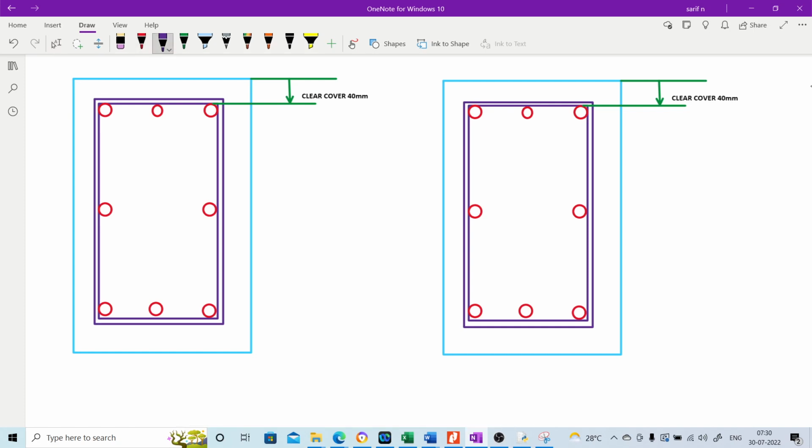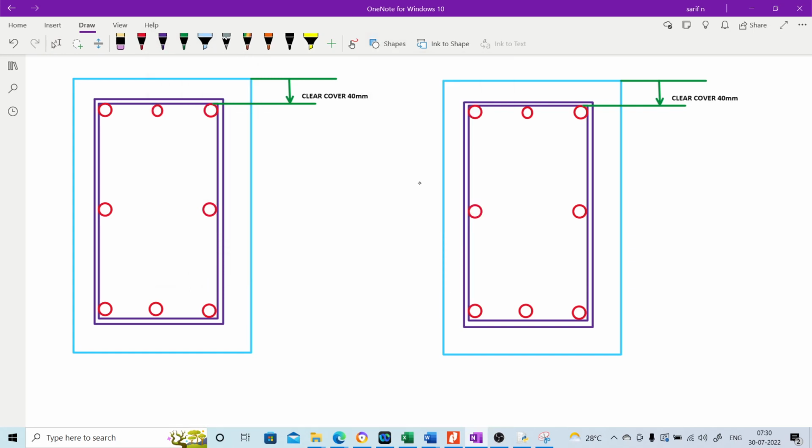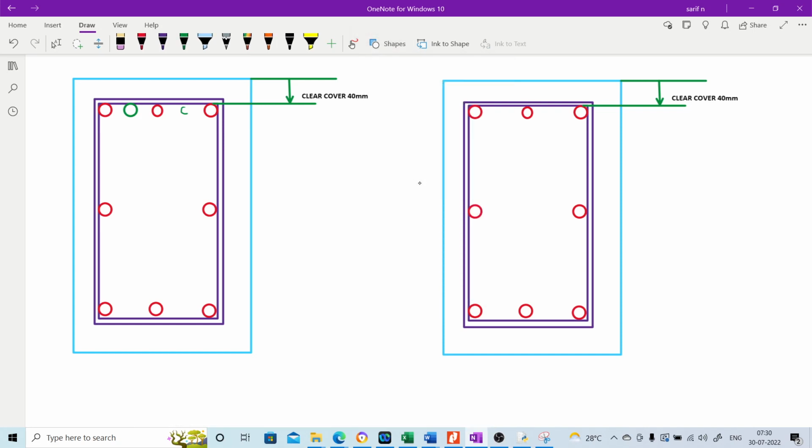Now we can arrange the 20 mm bars. Here we can provide a 20 mm, then another 20 mm, another 20 mm can be provided here.